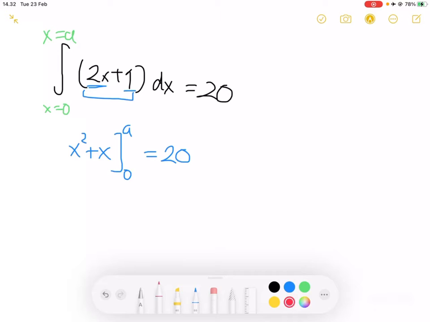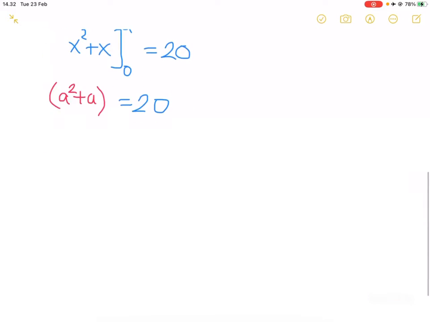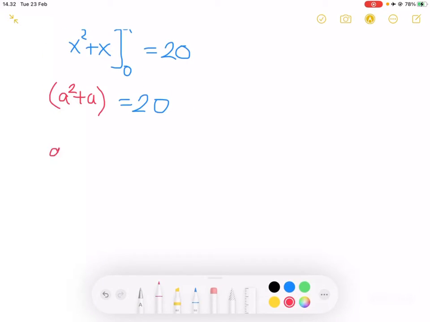So evaluating this at each bound, we'll get a squared plus a minus 0 squared plus 0, which is just 0. So I'll just erase this part. And this is equal to 20. And notice this looks like a quadratic equation, and in fact it is after you subtract 20 from both sides. So you can either use the quadratic formula, completing the square, or try to factor this.